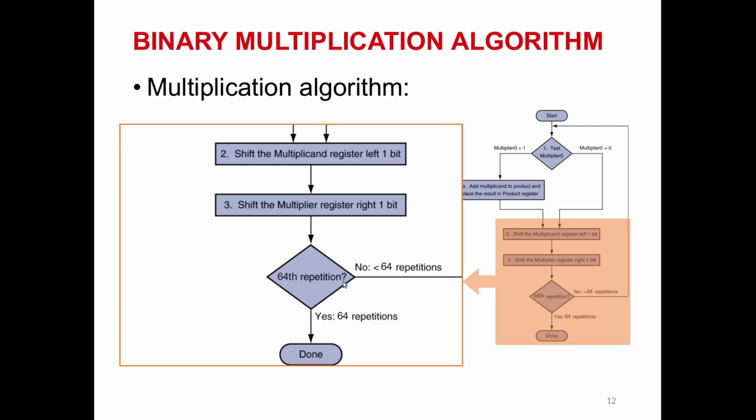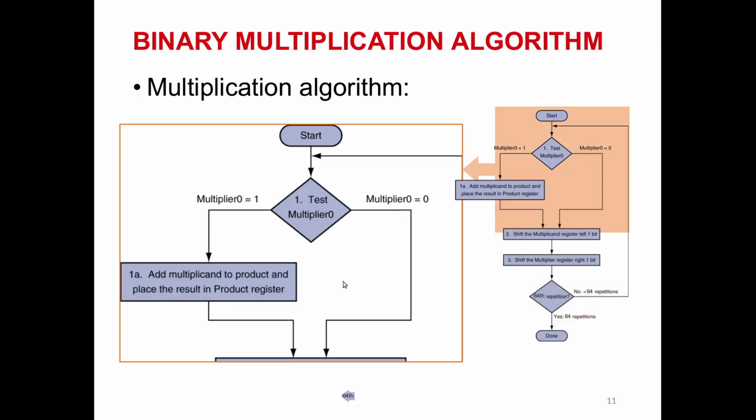If not, we will come back to this location, and we get again here to test the multiplier. If the multiplier bit is still 1, we will do the same. If the multiplier bit 0 is equal to 0, it means we will multiply the multiplicand with 0 before adding together with the product.